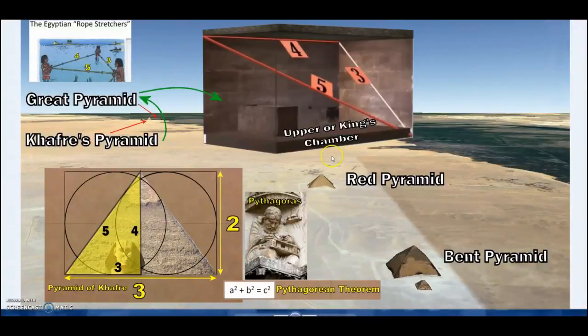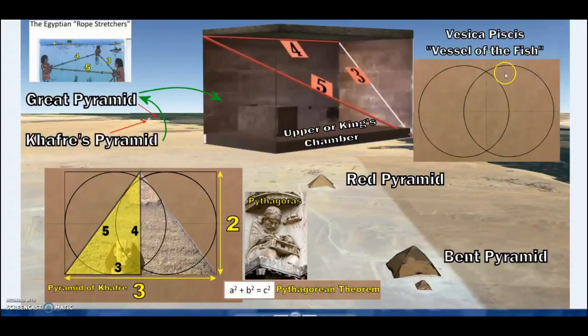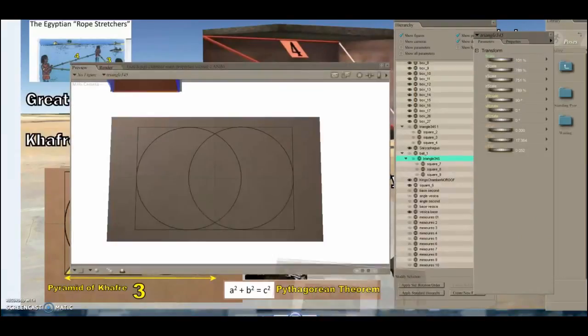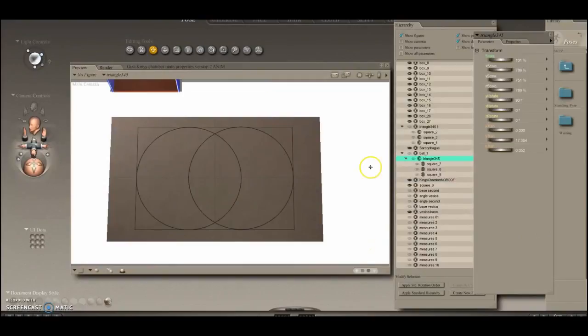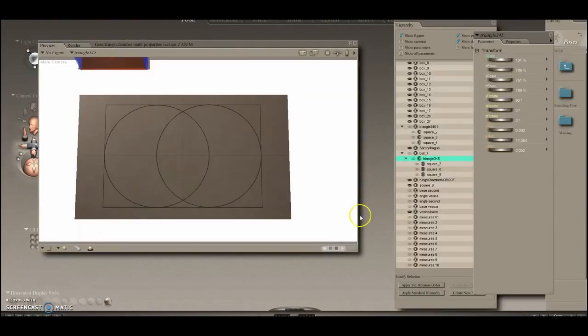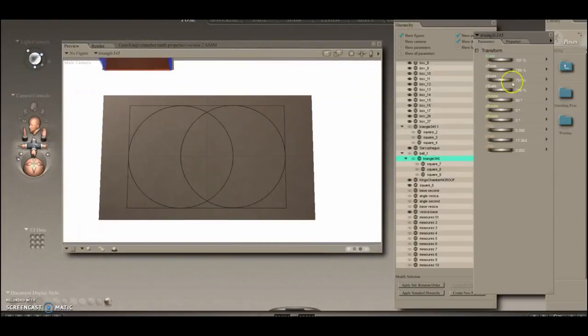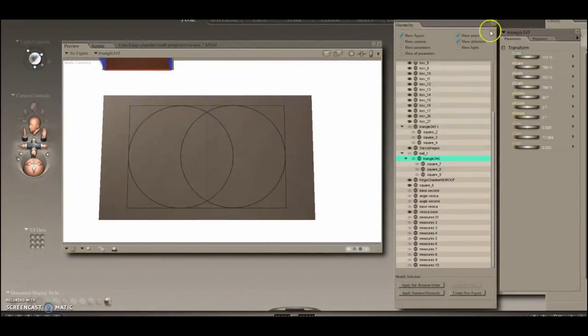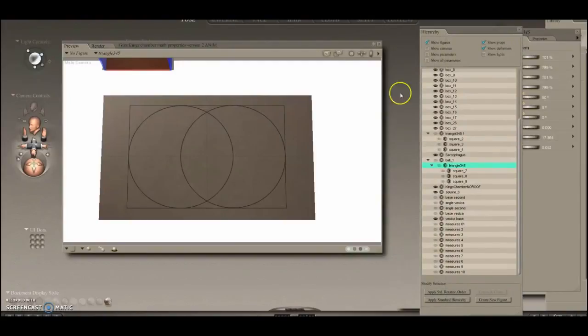But it also appears in the upper or the king's chamber, and for instance there we see, now that's where it gets interesting, because how it connects to the Vesica, or the vessel of the fish, this important construction in sacred geometry. Now let's just make this a bit bigger, get these out of the way.